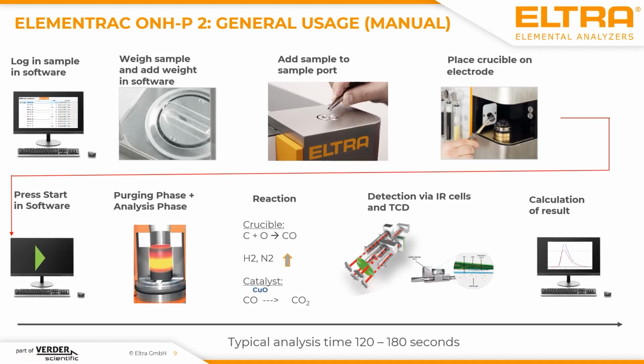And other gases like hydrogen and nitrogen are released from the sample as pure gases. Then you have a detection of these elements. Hydrogen and nitrogen are measured in a TCD cell, and oxygen is measured as CO2 in infrared cells. And after you degas the sample and released all the gases, you will find some measuring curves in the software, and these measuring curves are integrated and give you a result of the present gas concentration.